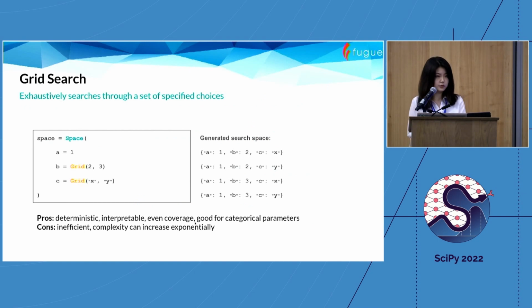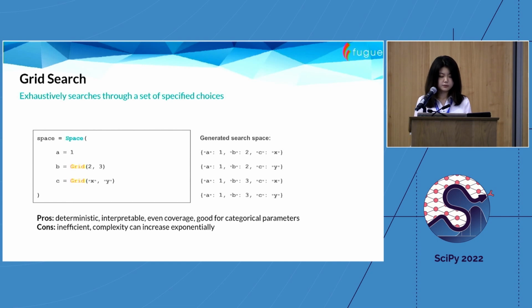Apart from the manual choice, there are three main parameter tuning algorithms. Grid search is the most commonly used tuning method. It exhaustively searches through a set of user-specified parameter choices, and the result is deterministic, so it's good for categorical parameters, such as modeling methods, or whatever we want to make sure to traverse through all the options.